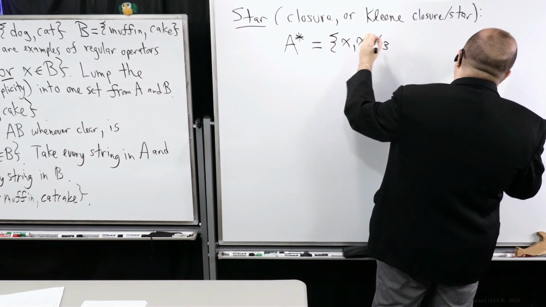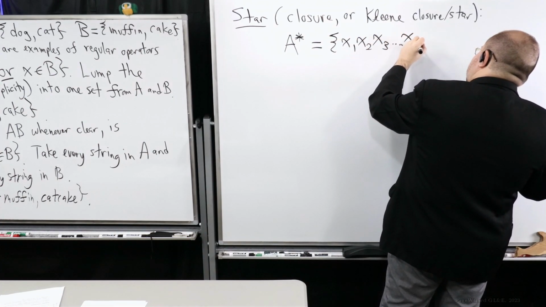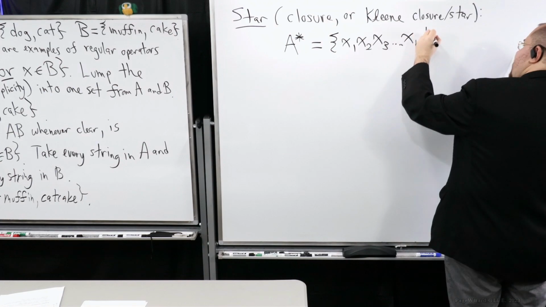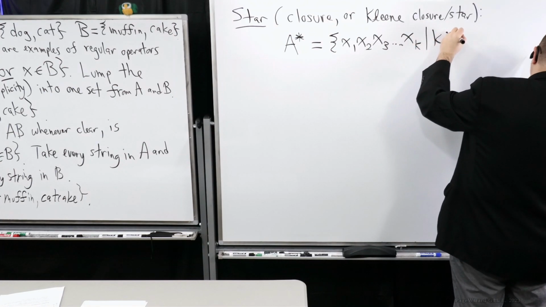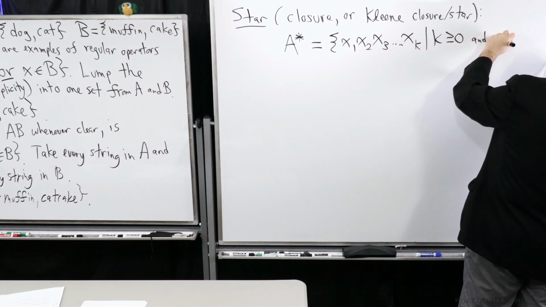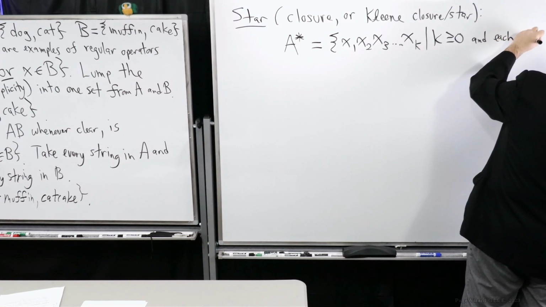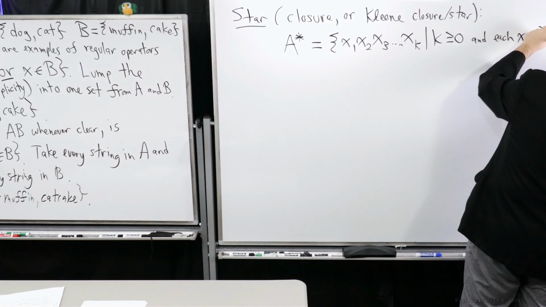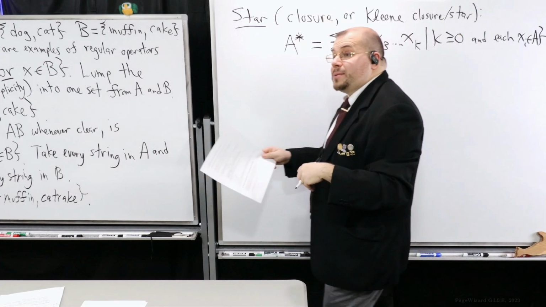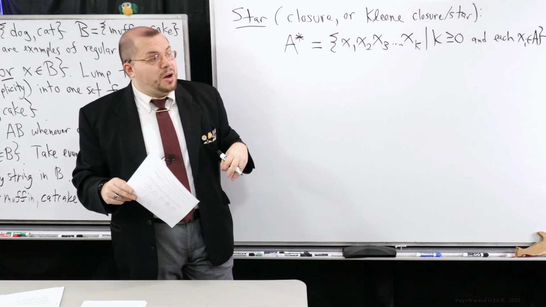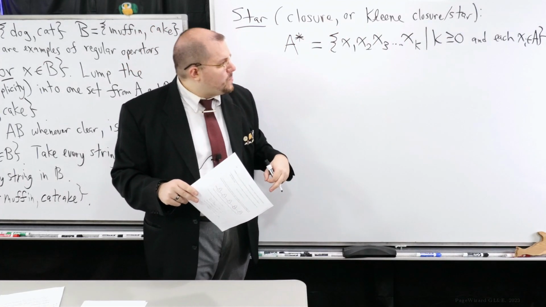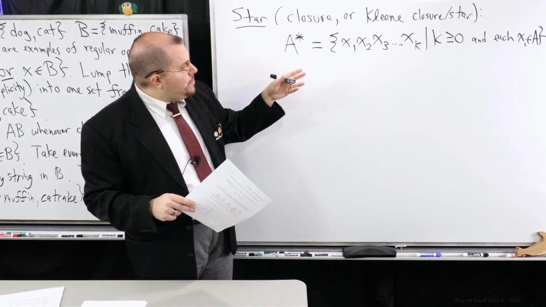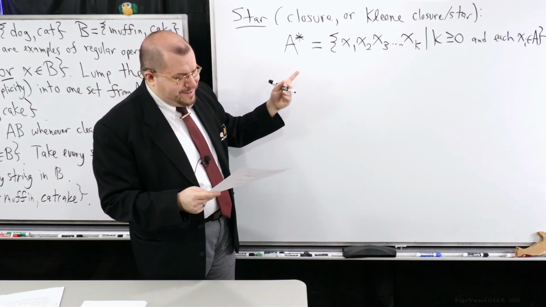So I have x1, x2, x3, up to xk, such that k is greater than or equal to 0, and each xi is in the language A. Notice I'm talking about a language here, not an alphabet.